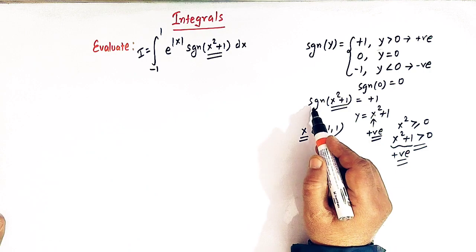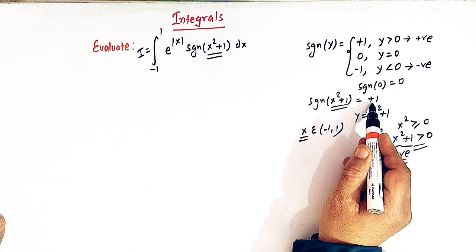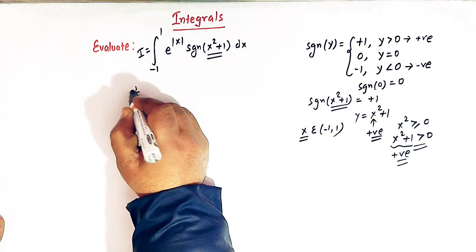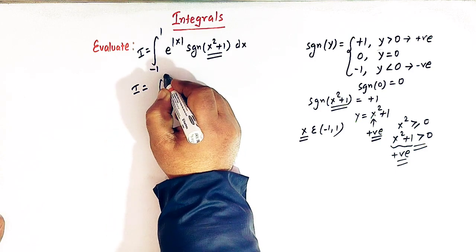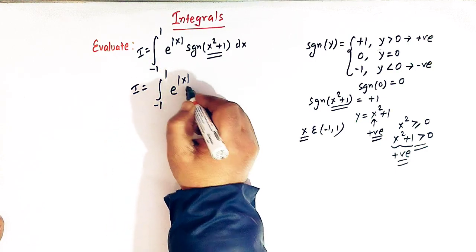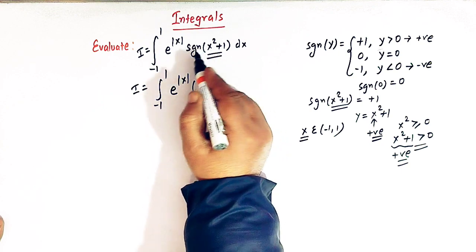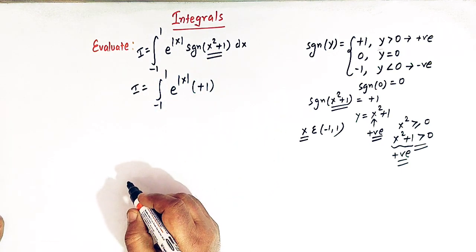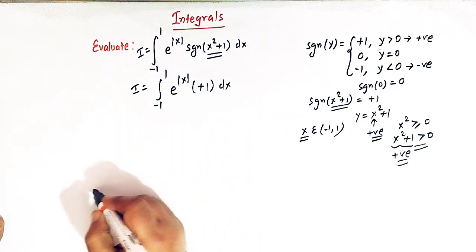So signum of x square plus 1 is always positive 1. Now we can write the integral from -1 to 1 of e raised to mod of x, times plus 1 for signum of x square plus 1, dx.